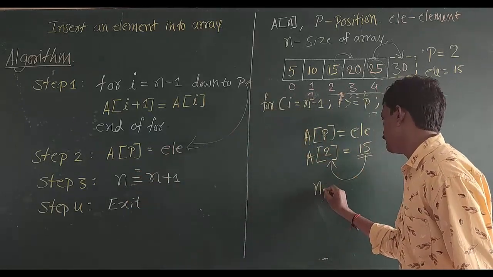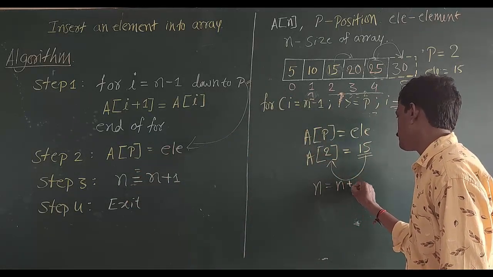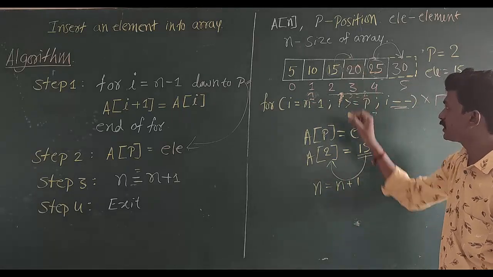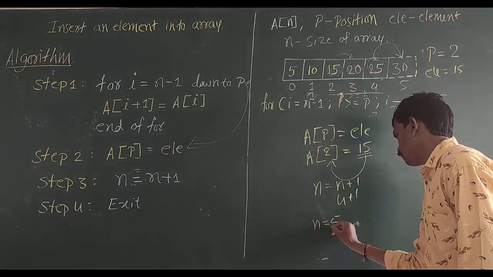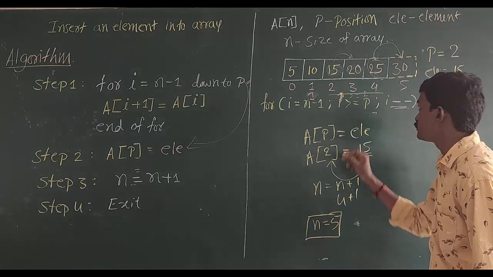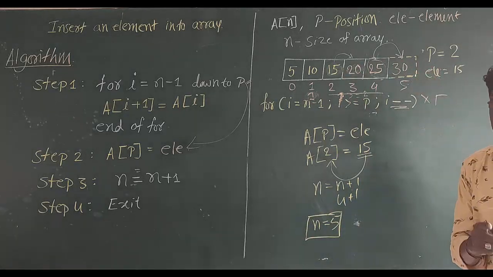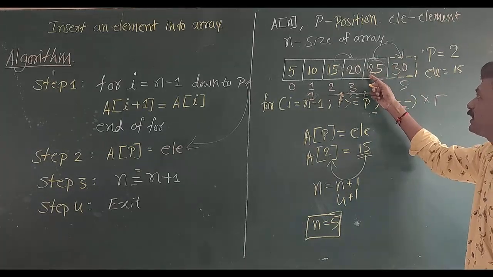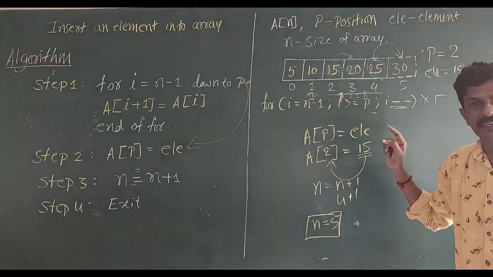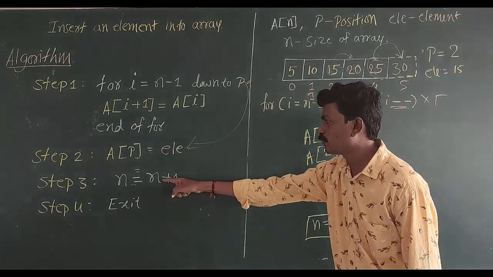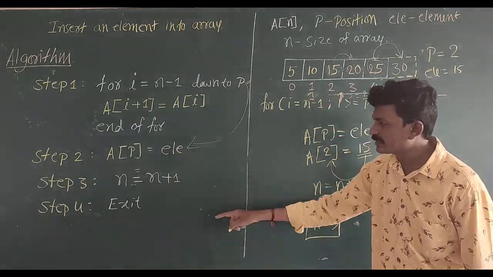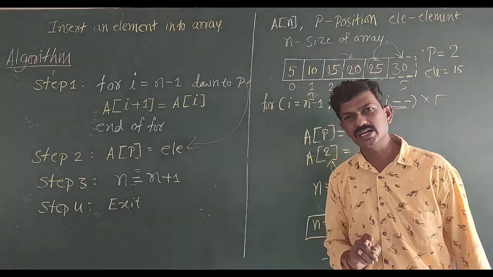The n value is initially 4, plus 1, so now n equals 5. It is the final value because we increased one element in the array. For that, we use this step, n equal to n plus 1. After that, exit, which comes out from the loop.